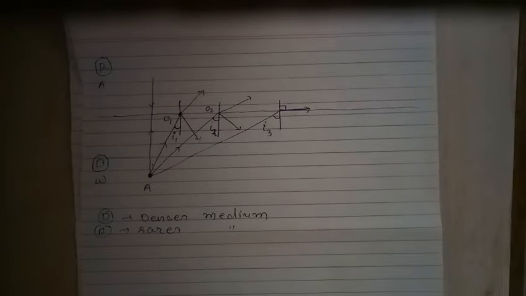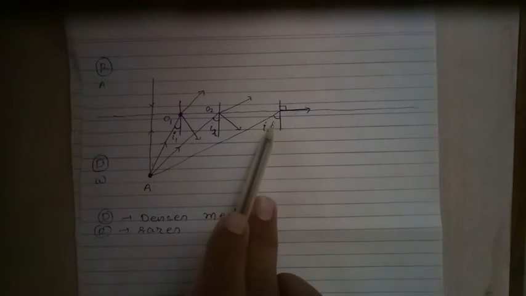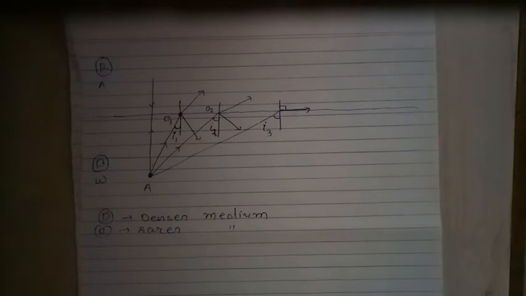Then this incidence angle is known as the critical angle. So we can say that the angle of incidence for which the refraction angle becomes pi by 2 is known as the critical angle.